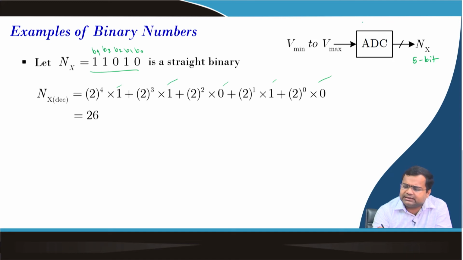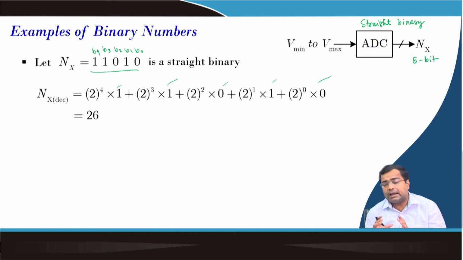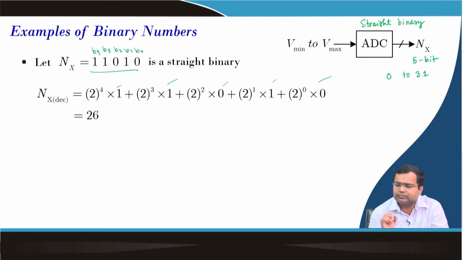That means its number can vary between 0 to 31. But we need to link how it is linked with the analog voltage, because it is dealing with a voltage. Let us say it is single ended data. What is single ended data? That means it is a positive data.